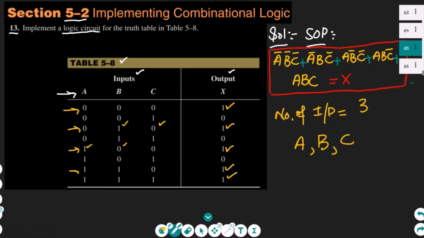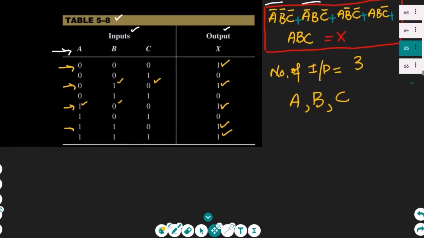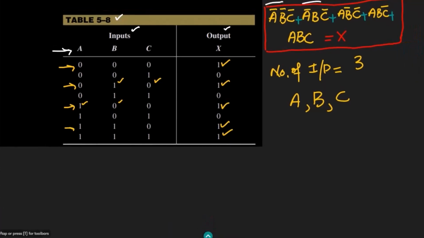So let me move down here and now write these inputs. Here A, B, C, and these are 1, 2, 3.